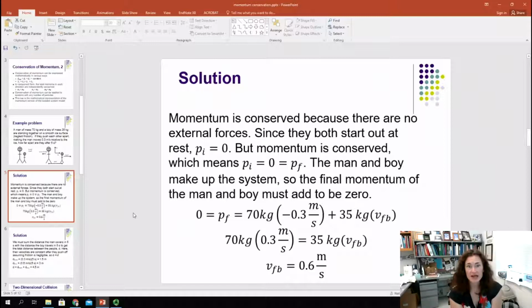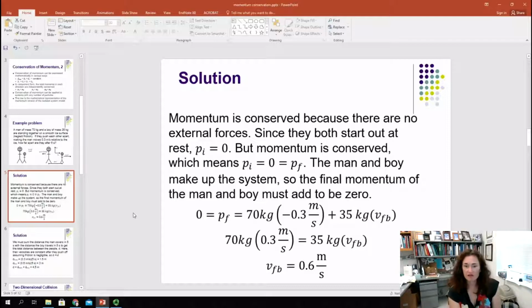So this is the final momentum of the man, 70 times minus 0.3. And now we've got to add in the momentum of the other particle, which is the boy. So that's going to be m times v final boy, which is 35 kilograms times v final boy. So my equation looks like 0 is equal to 70 times negative 0.3 plus 35 times v final boy. All right? And this is all in the x direction.